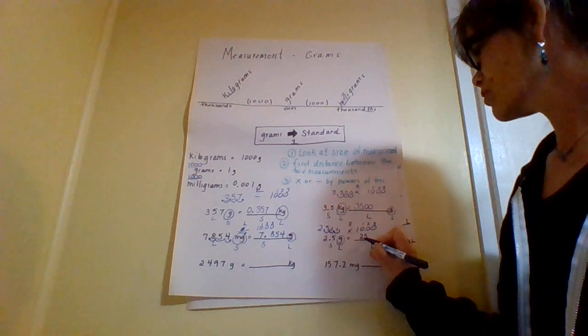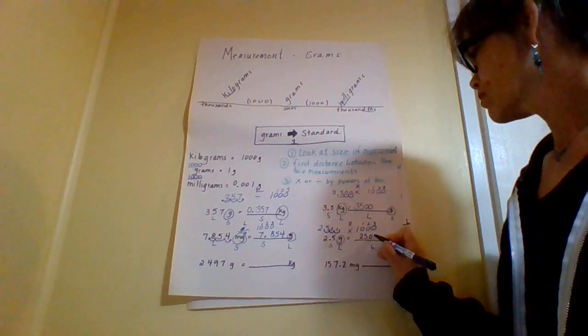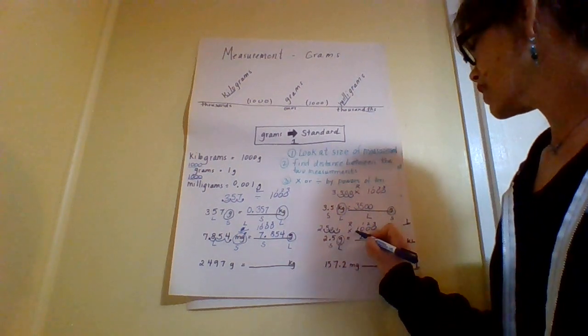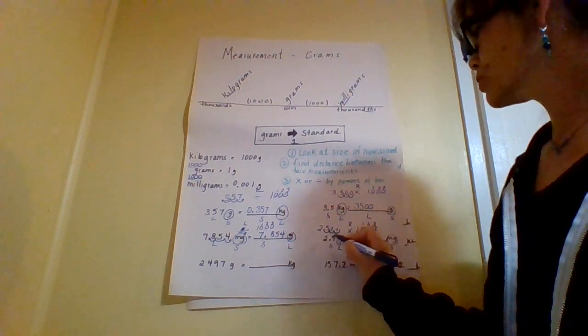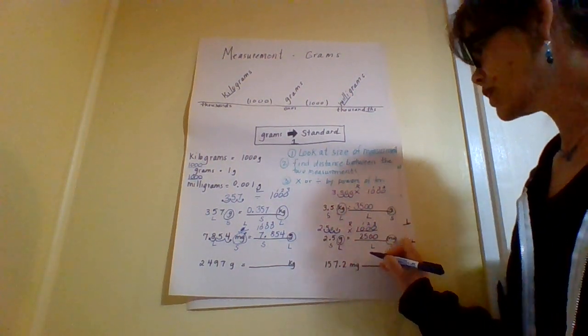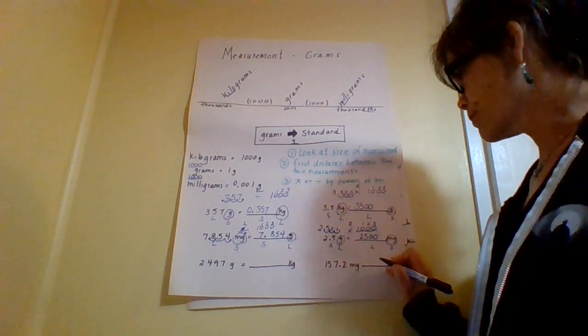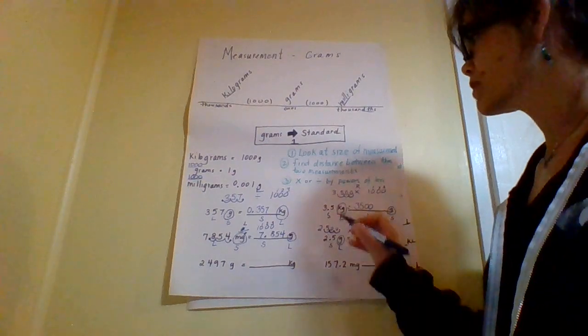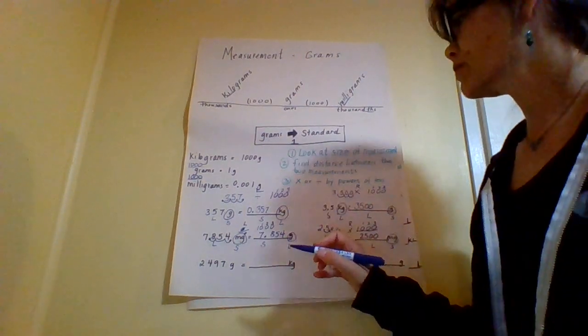And our answer is going to be 2,500. And we know that there's 1,000 in between, so 2 times 1,000 makes sense that we would have 2,000 and something. 2,500 milligrams.